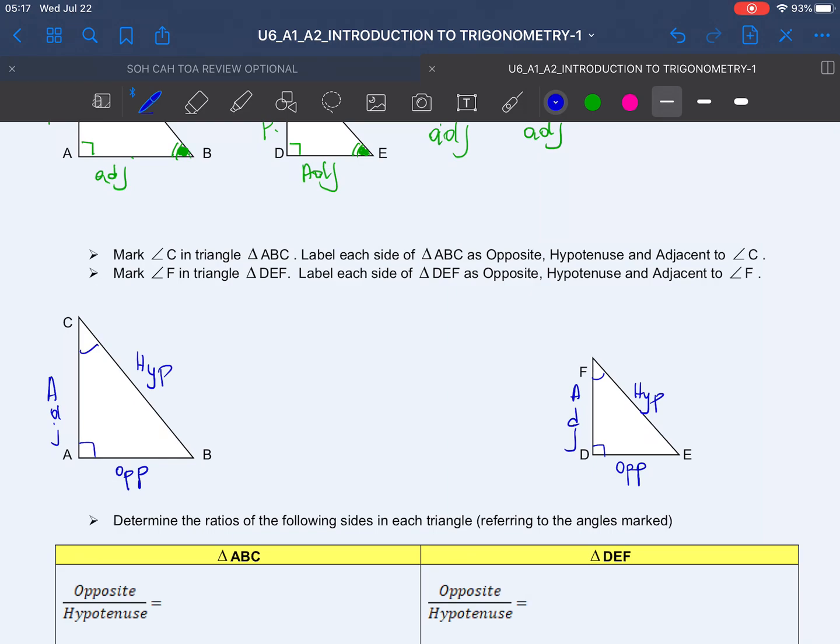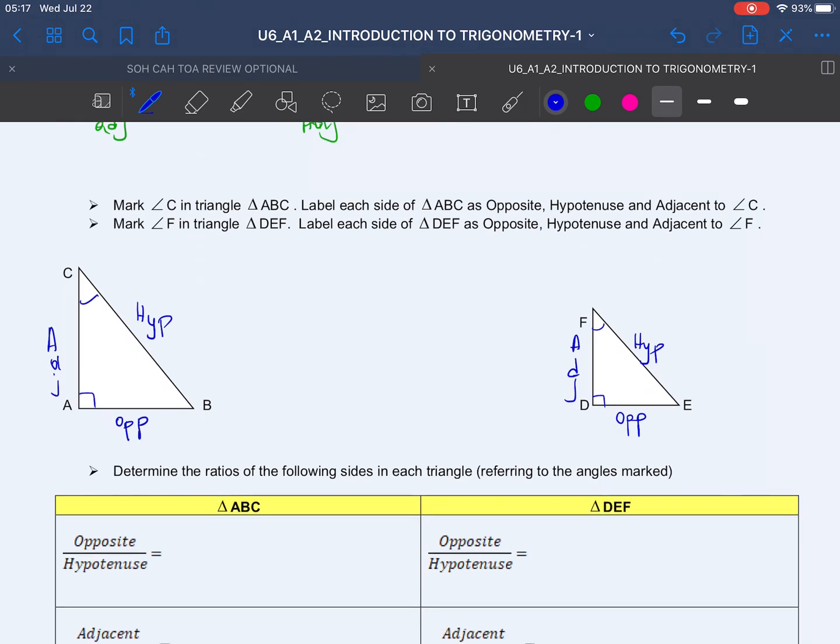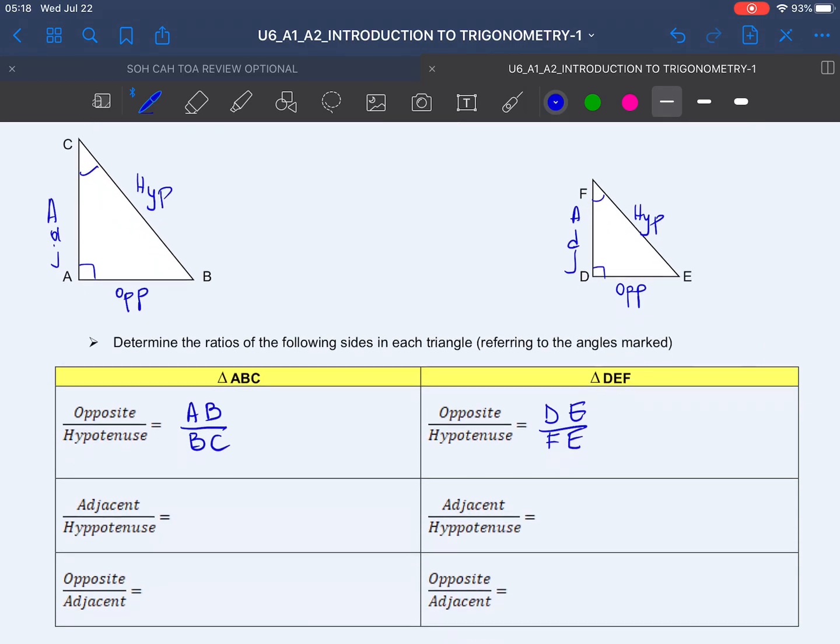And if you took a ruler and tried to measure the ratios opposite over hypotenuse for each triangle, you would find the same ratio in both of them. So that would be AB over BC. And this would be DE over FE, where AB over BC and DE over FE are the same in value.